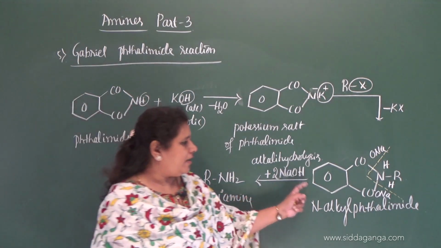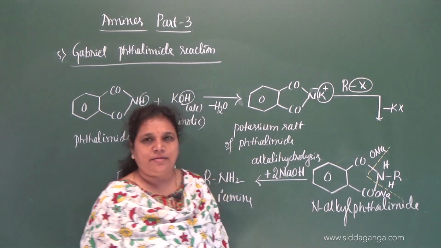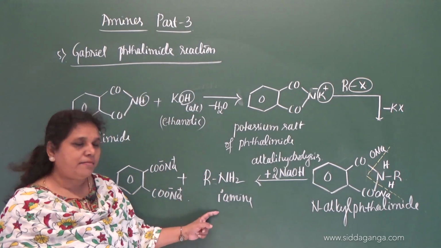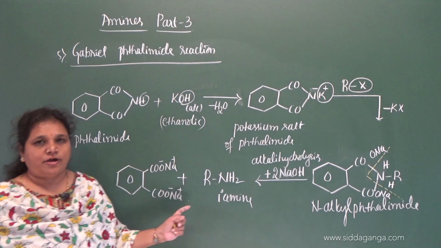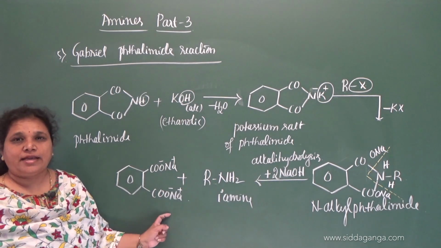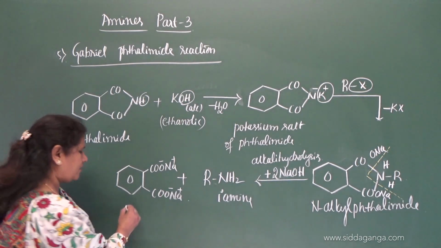After the alkali hydrolysis of N-alkyl phthalimide, you get the primary amine RNH2 with the formation of the sodium salt of phthalic acid.